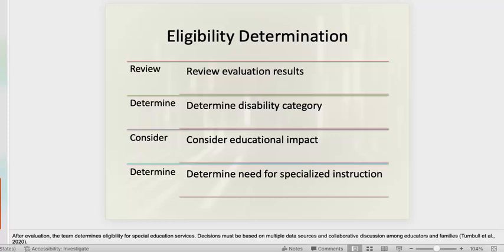Next, the team considers whether the disability significantly impacts the student's educational performance. Finally, the team determines whether the student requires specialized instruction to make progress in school. Eligibility decisions must be based on multiple sources of data and collaborative decision making among educators and parents. From Turnbull, 2020.